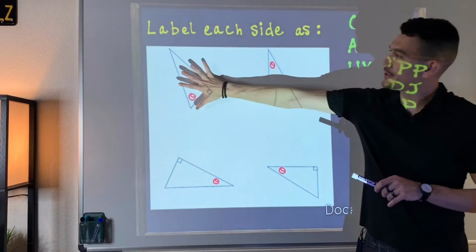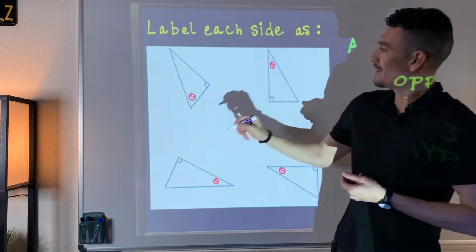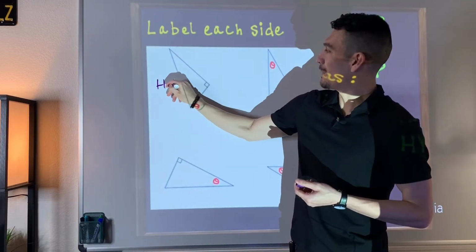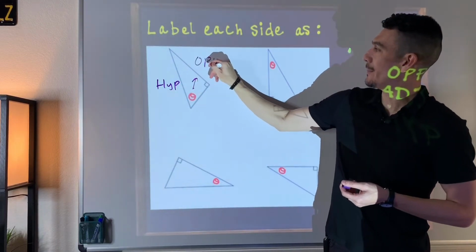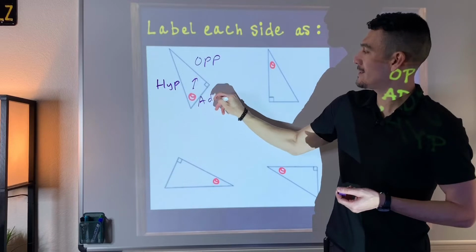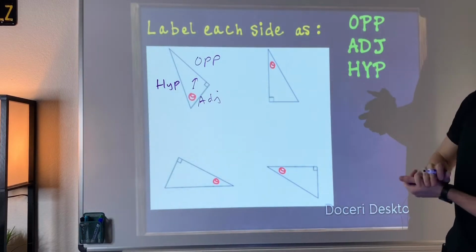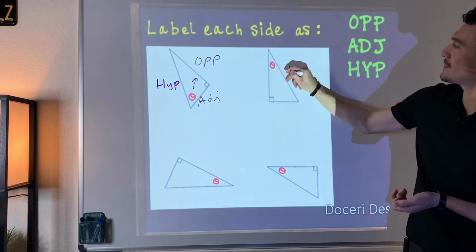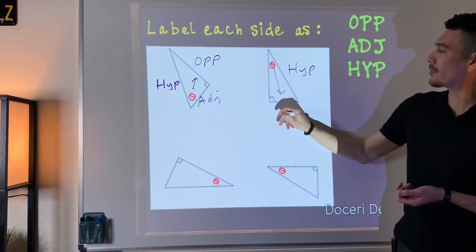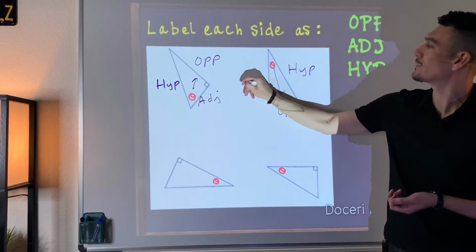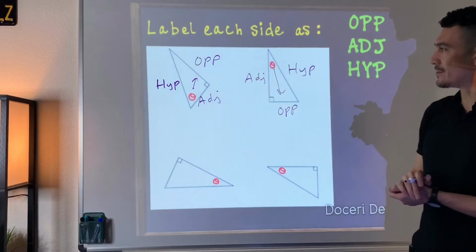So let's try this first one here. So this is your hypotenuse. Across from you is the opposite. That means this is your adjacent. How about this one? The crooked one is the hypotenuse. This is where you live. So across from you is your opposite. That's your adjacent.